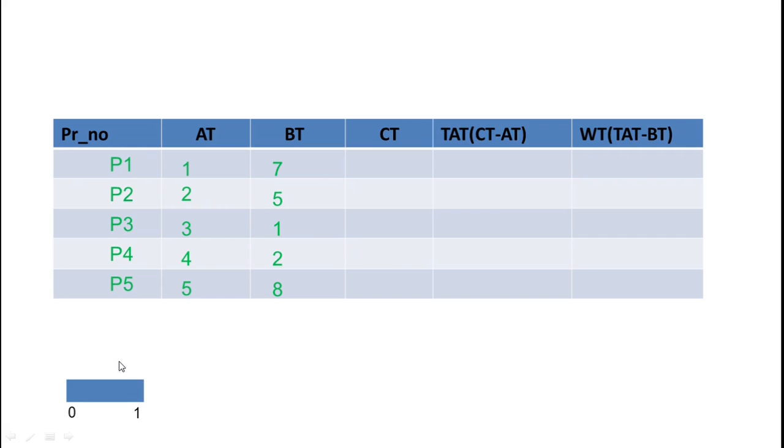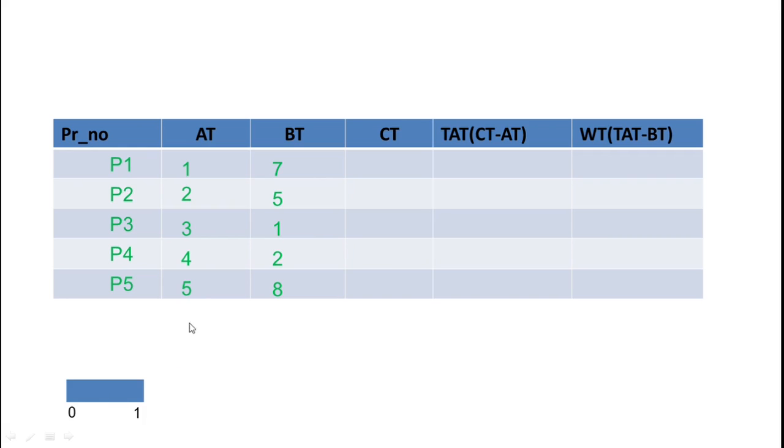Get it? In process scheduling, we always start drawing the Gantt chart from time 0. If any process arrives at time 0, we can start executing it. Otherwise, we have to wait until a process arrives.